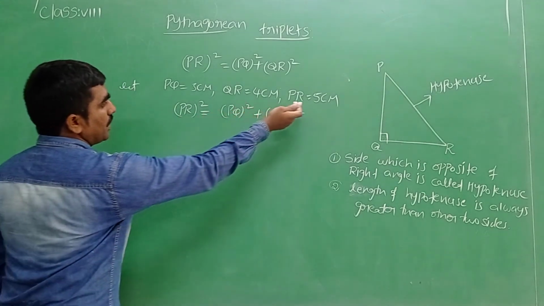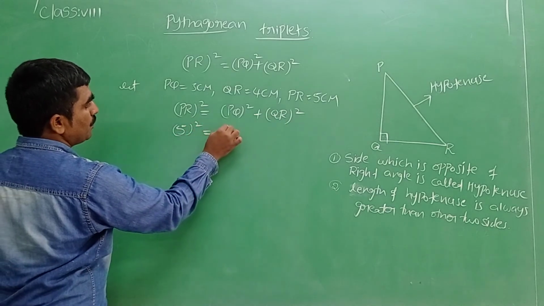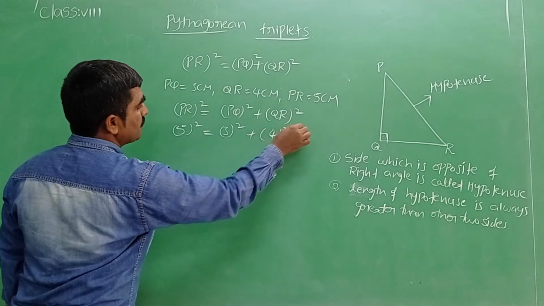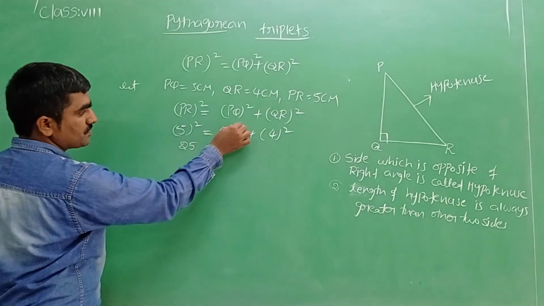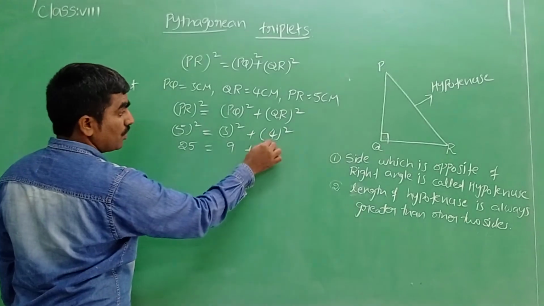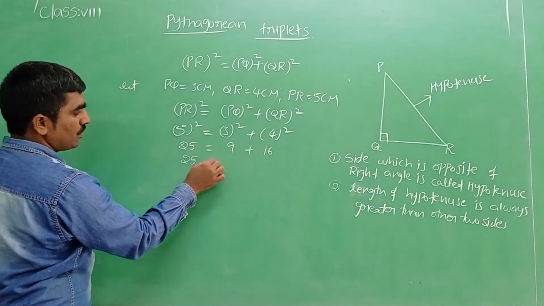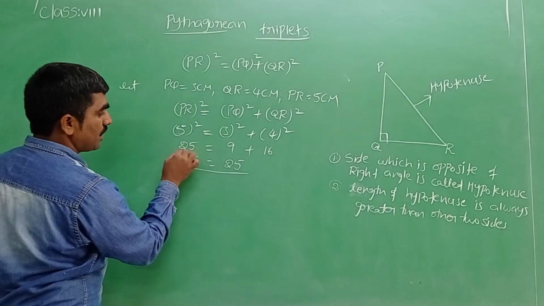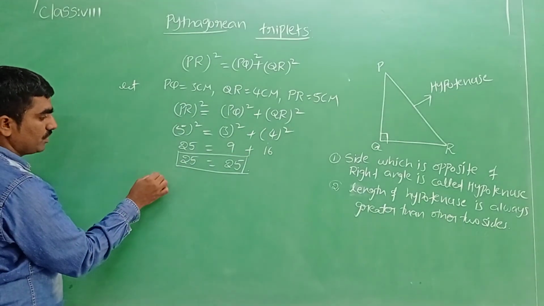Now the length of PR I am taking as 5. 5 square is equal to PQ, 3 square, plus QR, 4 square. 5 square is 5 into 5, 25; 3 square is 9; 4 square is 16. So 25 is equal to 9 plus 16, which is 25. Yes, LHS and RHS are both equal.